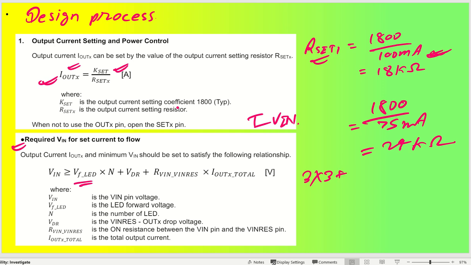Then we have VDR, which is the dropout voltage, plus the V resistor into I out total. I out total is going to be 75 multiplied by 4. Then 75 multiplied by 4 into the input resistor, let's say 100, divided by 4 because they are in parallel.